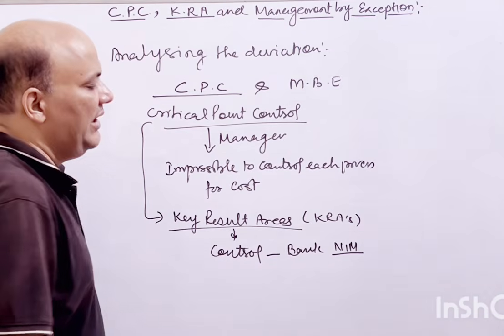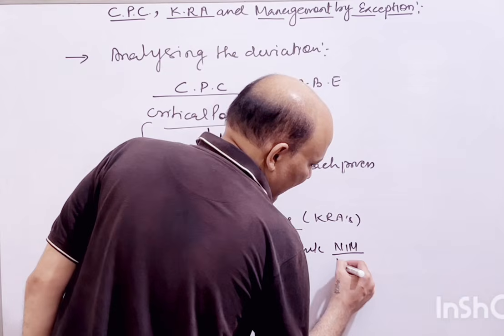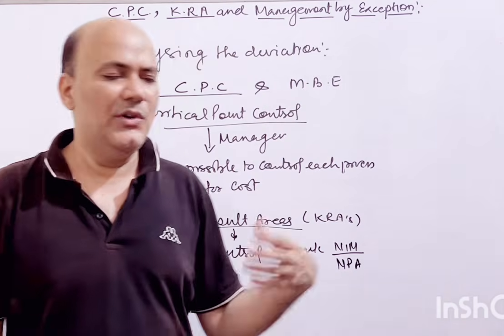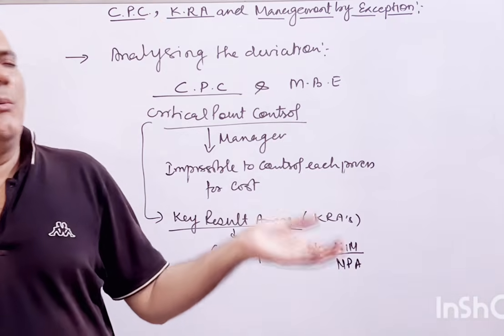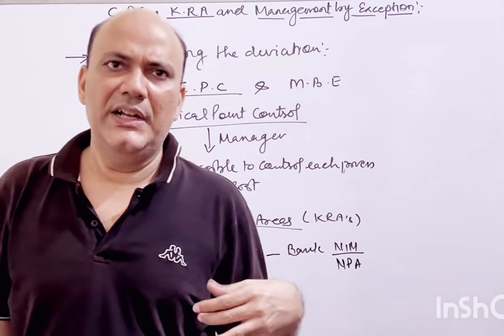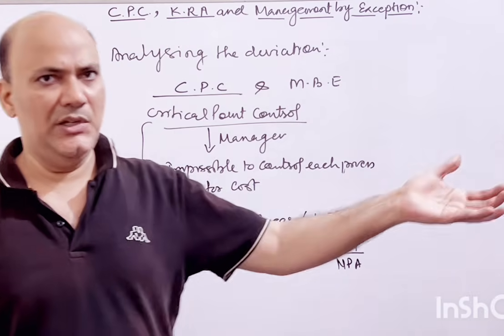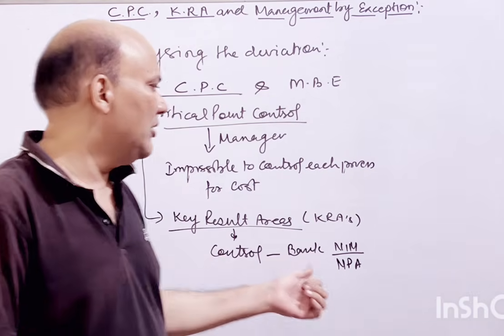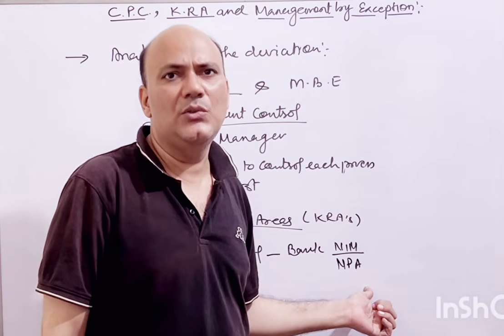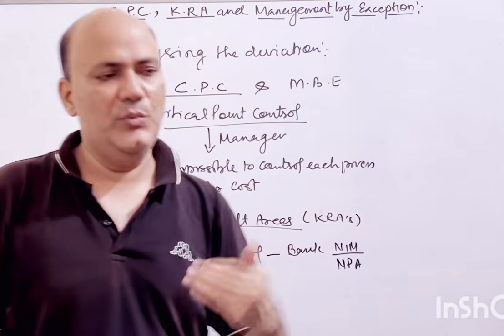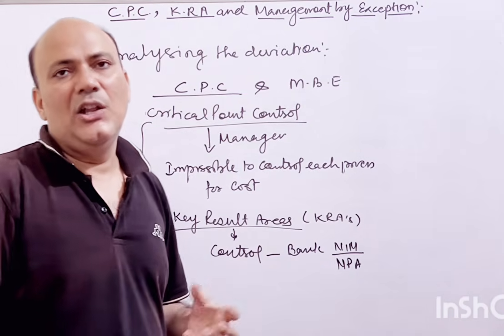The other key result area is non-performing assets, NPA. These are assets for which they are not getting recovery. That means they are not getting the interest, and also they are not getting the principal amount returned to them. So that is called non-performing assets. They have to control that also, because whatever they have given to people needs to be taken back along with the interest.